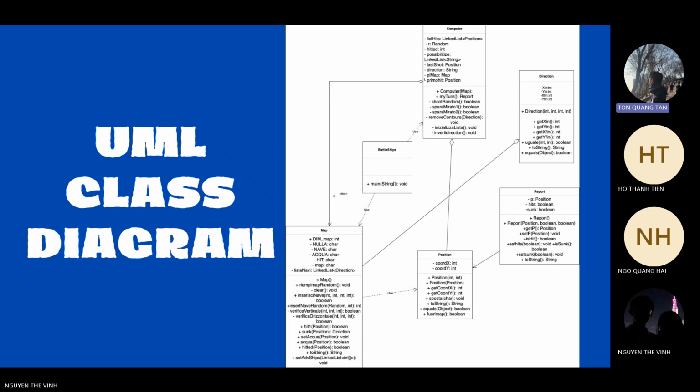And the method computer map for constructor to initialize the bot. My turn report executes the button and returns the results. Shoot random with the Boolean type is for shooting randomly on the grid.